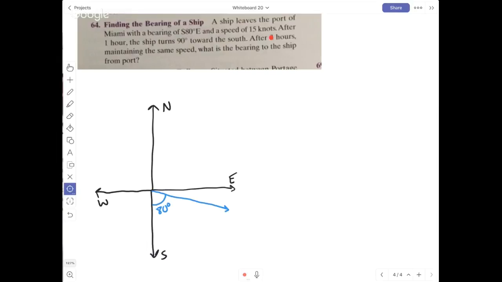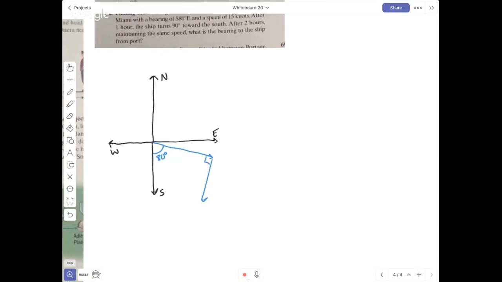That means 15 nautical miles per hour. After 1 hour, the ship turns 90 degrees towards the south. That way, 90 degrees.